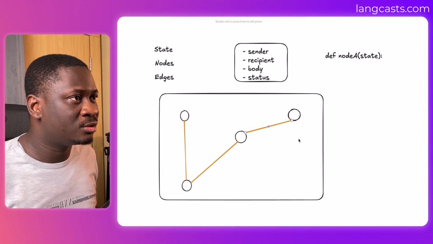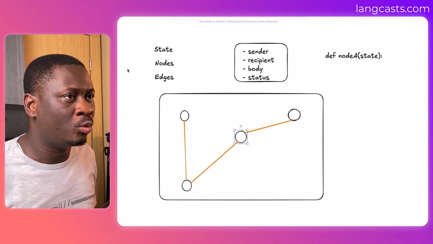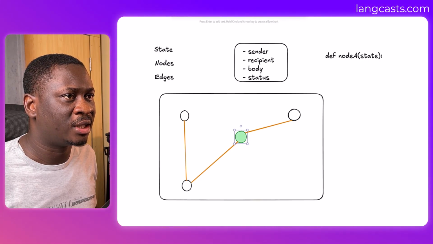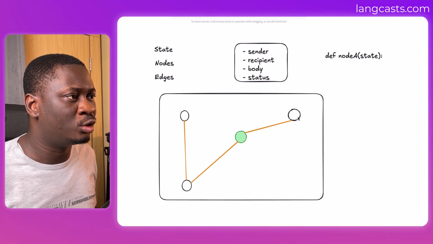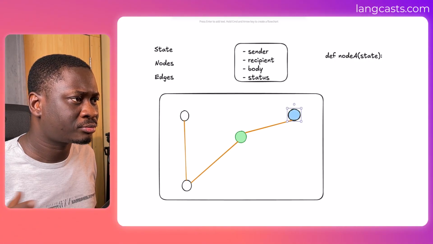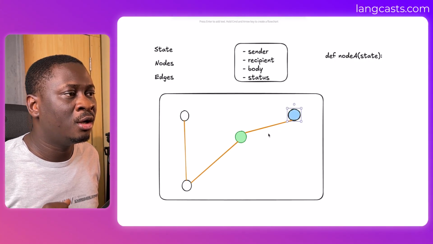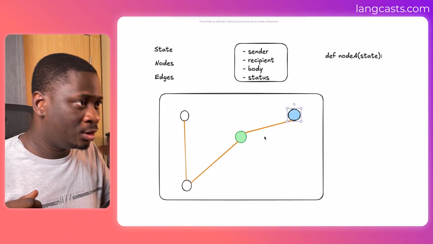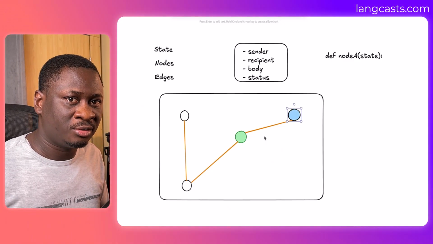Now for fixed edges, you basically just connect them from one node to another. That is for fixed edges. But for conditional edges, you can define them as functions.